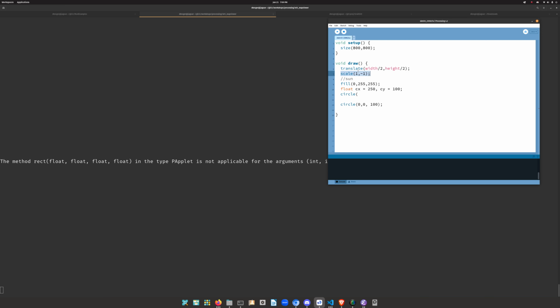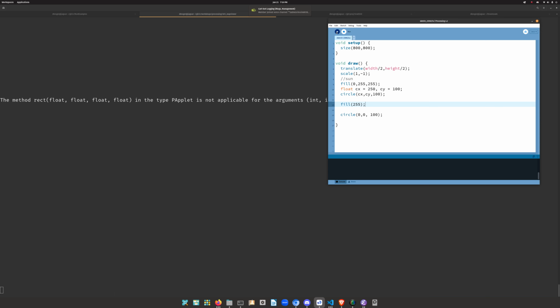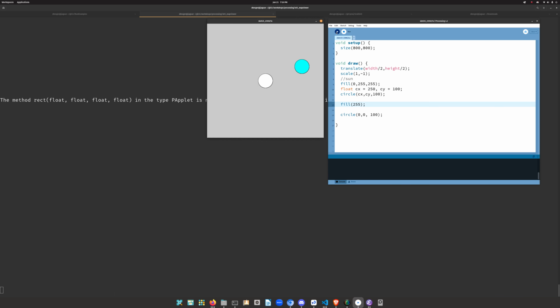Okay, so there's our scale, and we're going to draw the circle. We're going to draw the circle at CX, CY with a radius of 100. All right, and then we're going to fill with 255, so just a white circle. Let's see what we got.